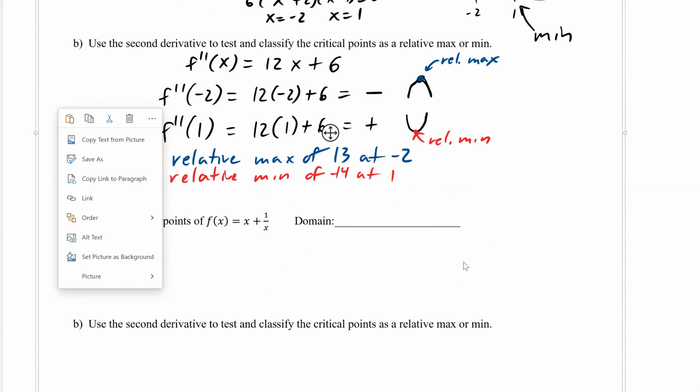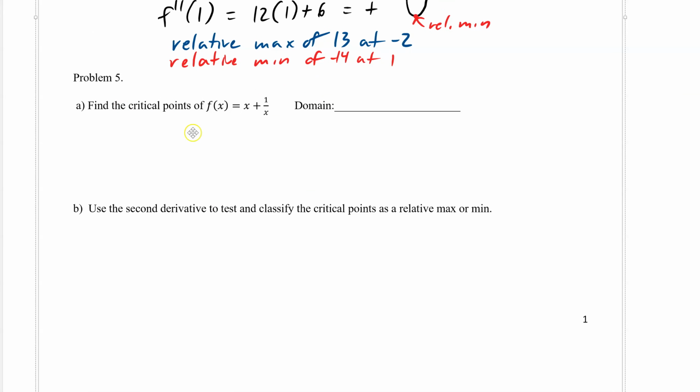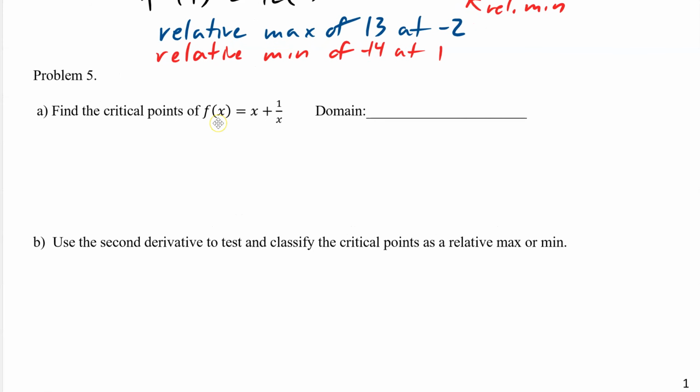All right, let's try one more. So find the critical points of this one. And so we have a domain issue here. So x cannot be 0. So we do our derivative. So first let's rewrite our function. And then we'll take the derivative.